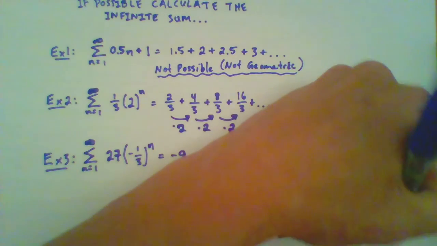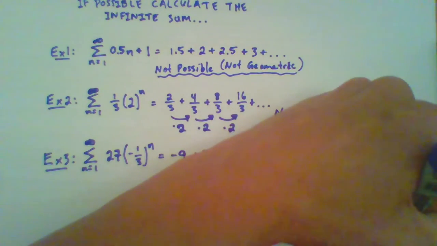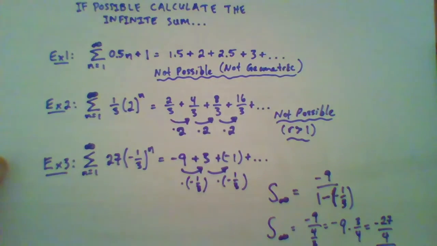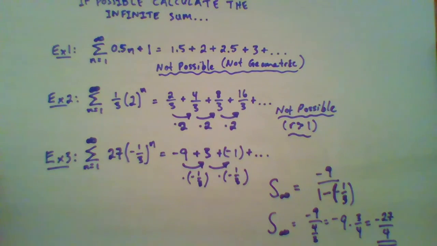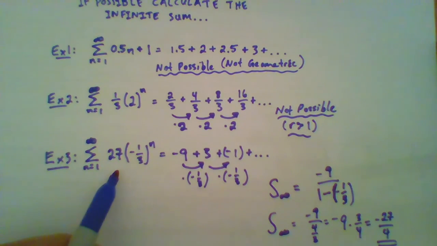Kind of a weird number that we get, but if we add up this term infinitely long, if we keep adding and adding and adding for the rest of time, the sum that we would reach is this value here, negative 27 quarters.